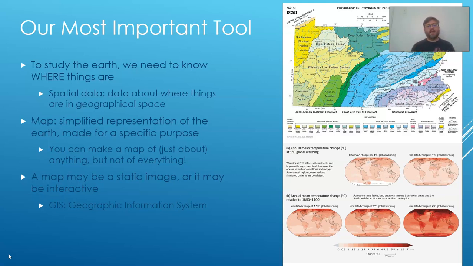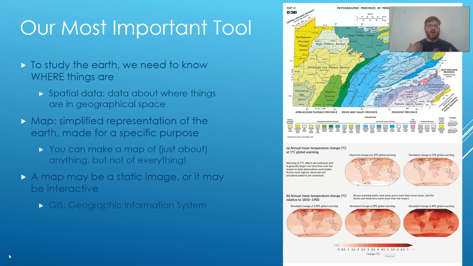Now a map may be a static image. The ones on the slide there are just a single image of the area that they're covering. But you could also have a map that's interactive, where you can zoom in and out on it, where you can change how things are represented, where you can add and subtract data, where you can run all sorts of calculations to explore things that you find on the map. And that interactive aspect is what brings us to GIS, Geographic Information Systems.